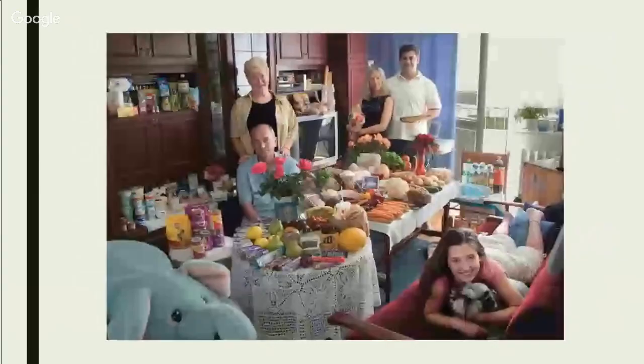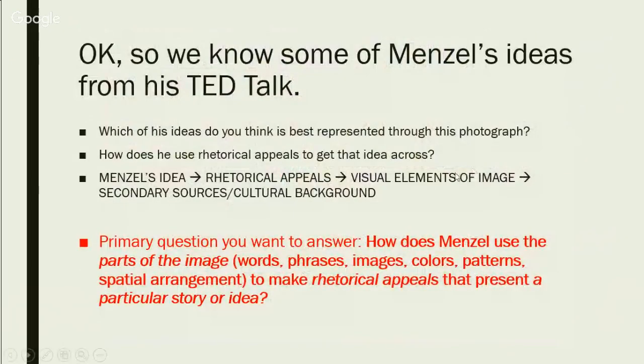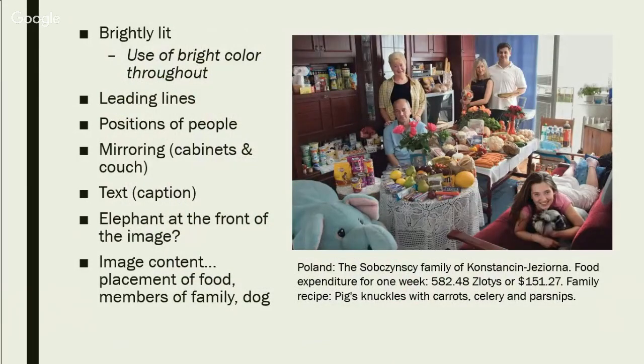If we go back and look at this right here, I'm kind of going backwards for you guys, right? So visual elements to rhetorical appeals to Menzel's idea. Here's the umbrella overarching thing. If you break that down into how he uses these appeals, ethos, logos, pathos. And then if you break it down even further into how he's using the visual elements of the image to make these rhetorical appeals.